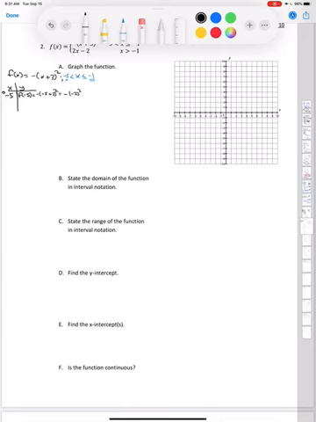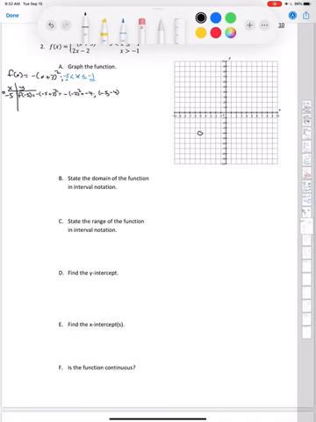And of course, (-2) squared is 4, so I end up with -4. So my point on the graph of this quadratic piece will be -5, -4.